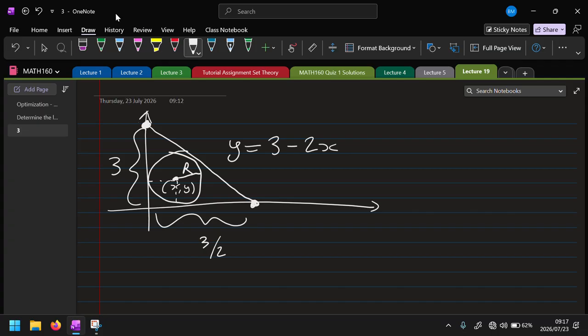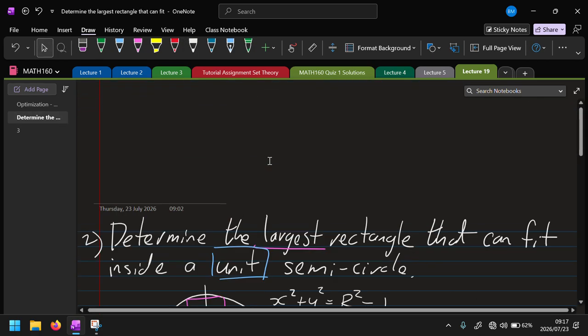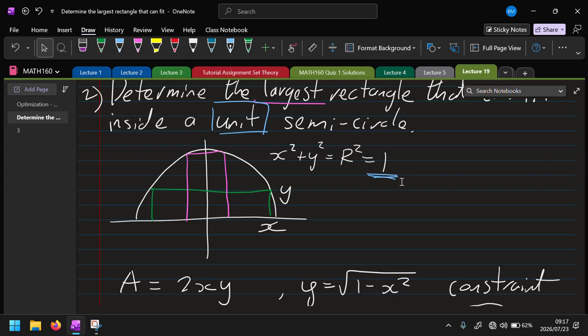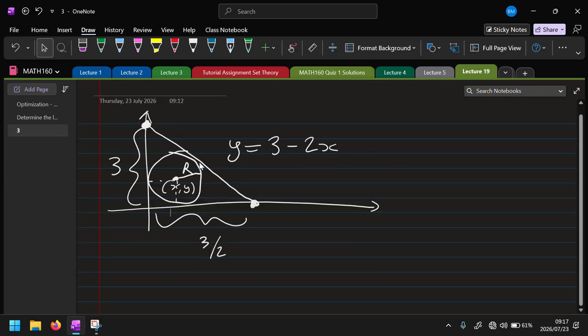Like before, we could write this constraint like this. So the rectangle must fit in the semicircle, which means its height must be this y value here. Here we've got a similar thing. The circle now must fit in the triangle. But what is the constraint on, let's say, the radius?